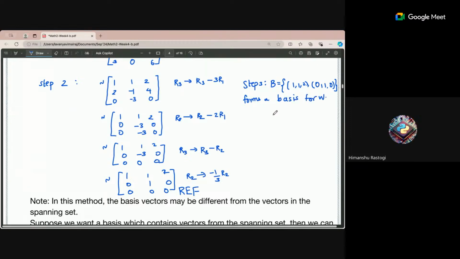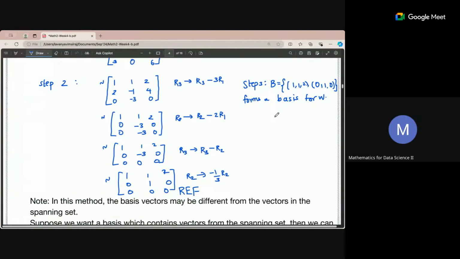One thing about this: REF is not unique and the basis is also not unique, but RREF is unique. So what form is that? Some kind of standard basis, yes, to some extent what you're saying matches. We usually say standard basis for the whole space, not for subspaces.